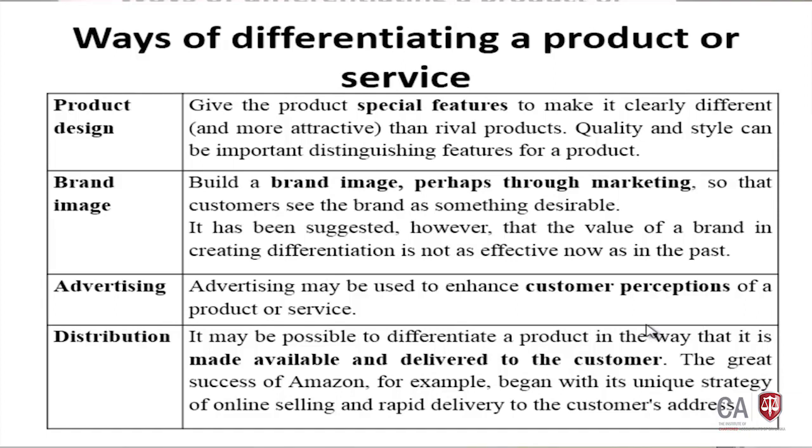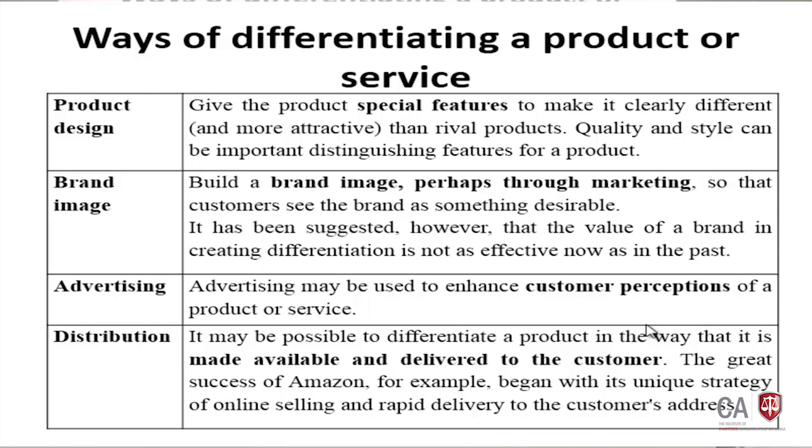Through the brand image, you differentiate your product from other products in the marketplace, from generic brands. That is done through marketing. In fact, sometimes your product may not be high quality compared with the others, but through advertisement you have created that particular image. That is another way of differentiating.